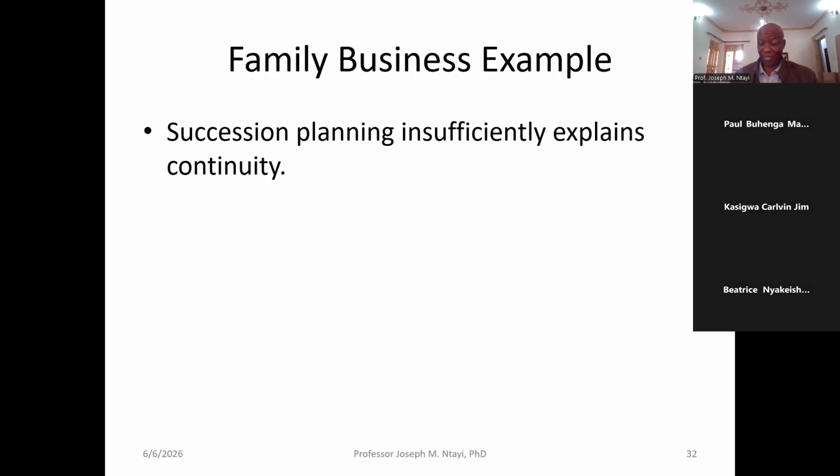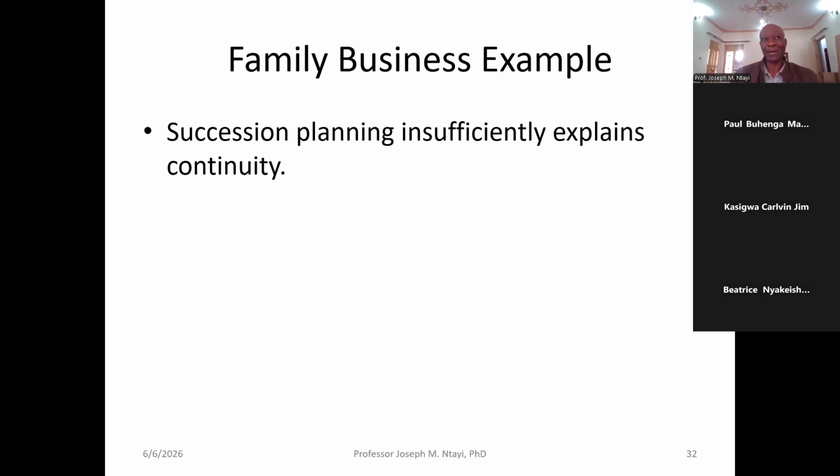So the conceptual problem here is that if you review the family-owned business literature, you discover that this scholarly and empirical literature assumes that succession planning ensures continuity. And that's why you find so many bodies saying, yes, there must be succession.